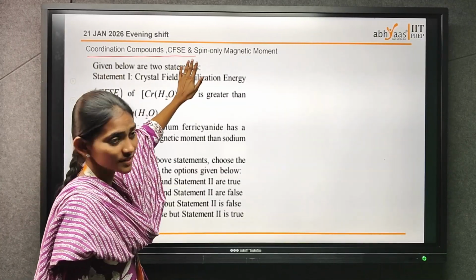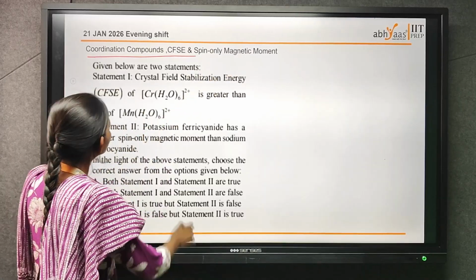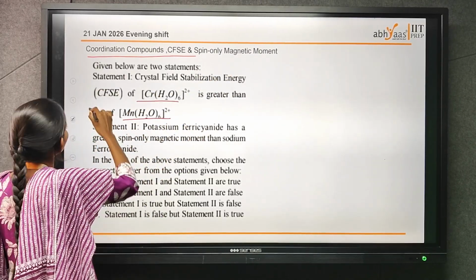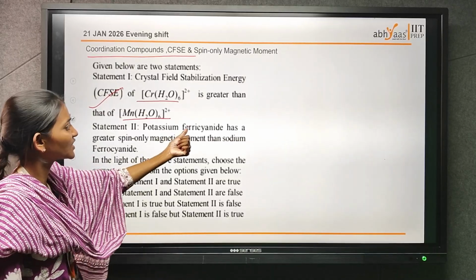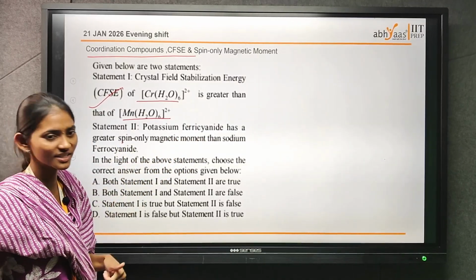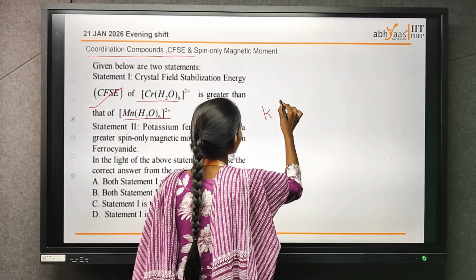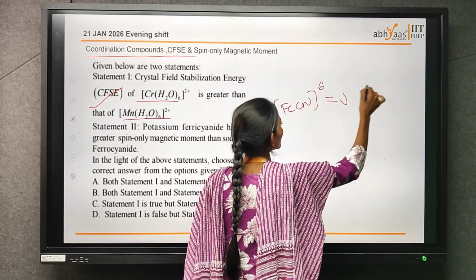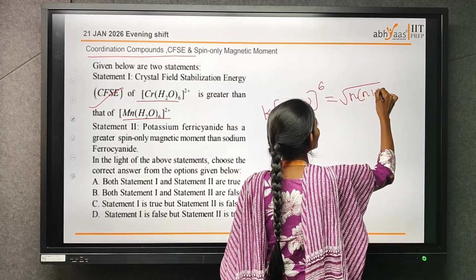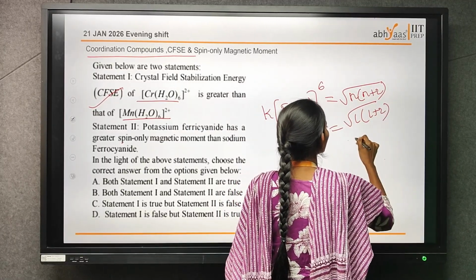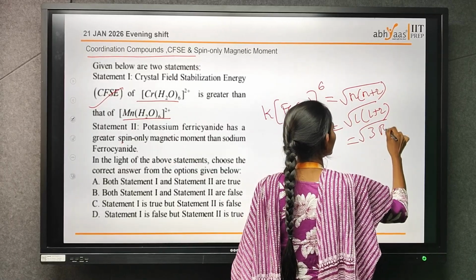This question is from CFSE and spin magnetic moment. See here, the crystal field stabilization energy for chromium is greater than this. Yes, the statement will be correct. And potassium ferricyanide has greater spin magnetic moment than sodium ferricyanide. Yes. Why? Because in K3[Fe(CN)6], we are having n plus 2, we are getting 1 plus 2, so you'll get approximately 3.